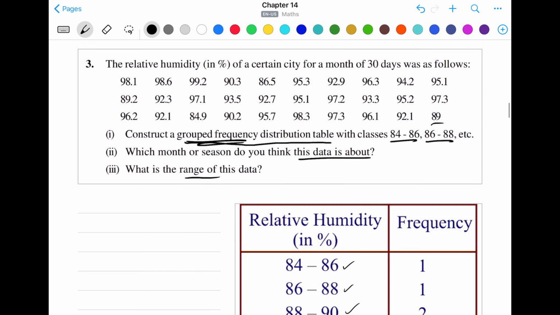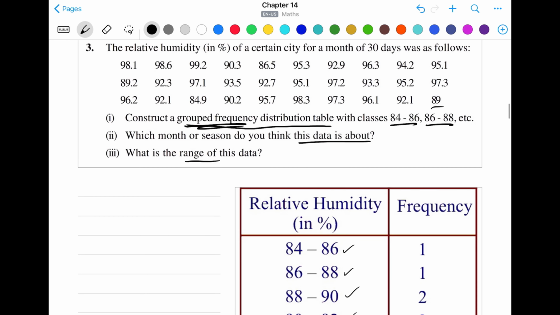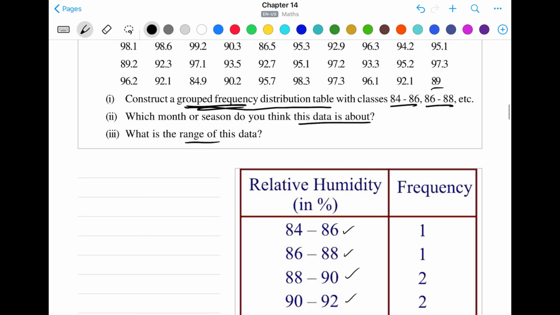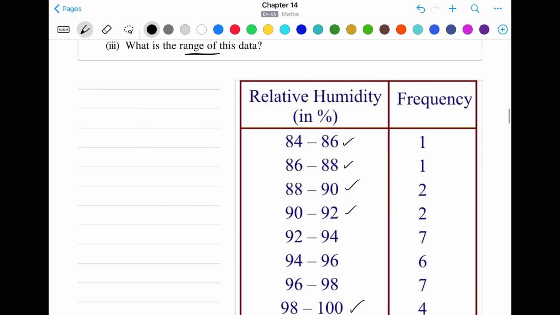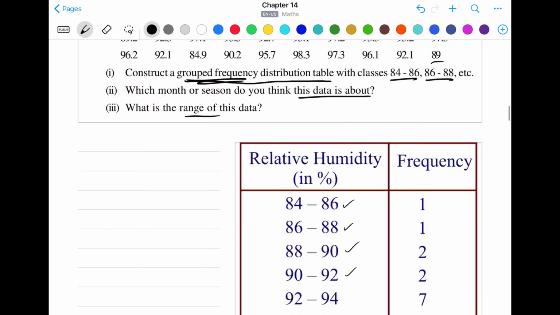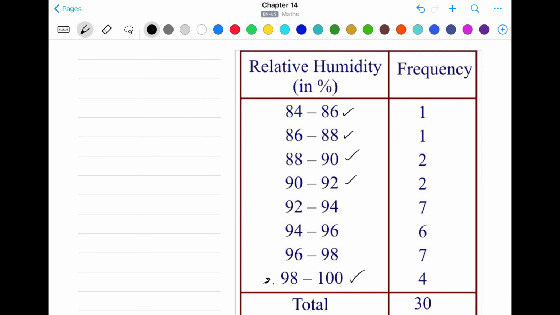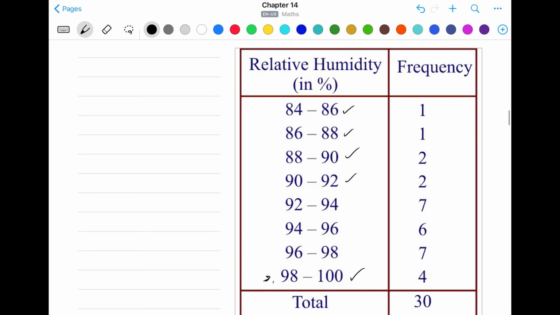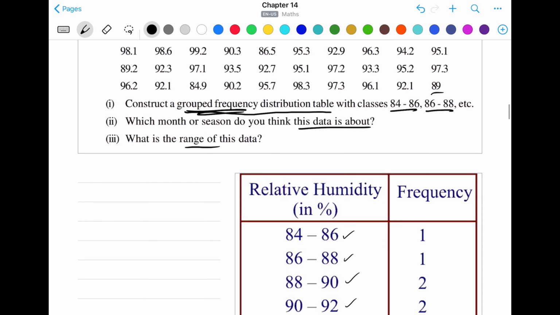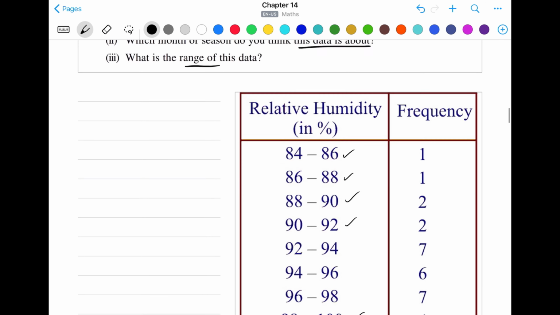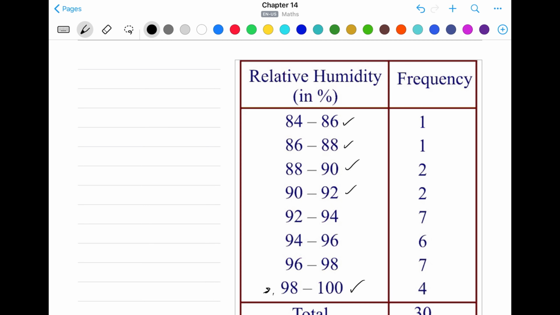Now we'll look at this data and divide them into their corresponding intervals. Like this 98.1 will come under this interval. Then we have this 98.6 which will also come in this one. So you will be putting a tally mark here. For the first one we have 98.1, so you will mark the tally mark like here.